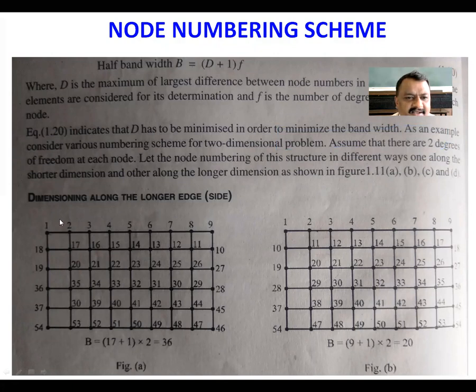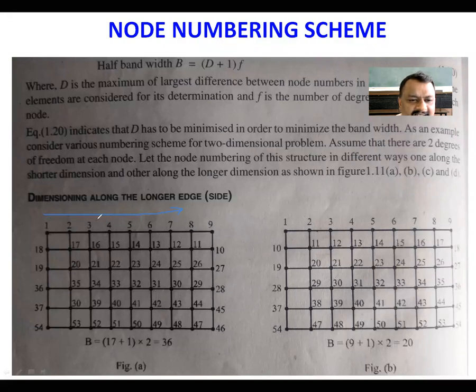Now you can see figure 1. I have used a numbering so that along the longer side, I am increasing from left to right, where the number of columns is more compared to the number of rows. I call it the longer edge for any problem.